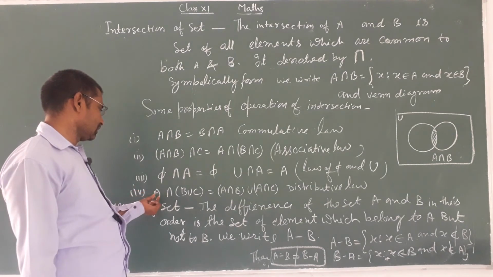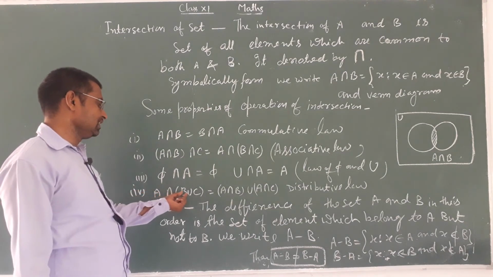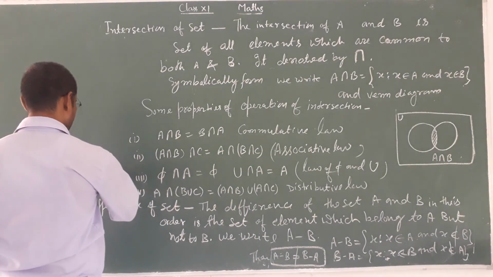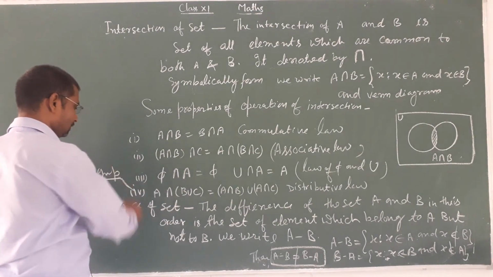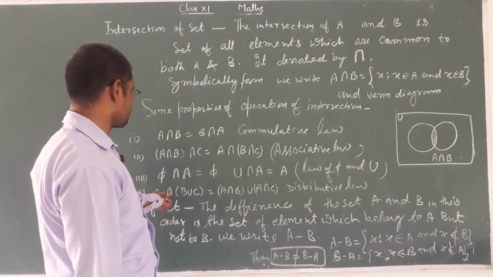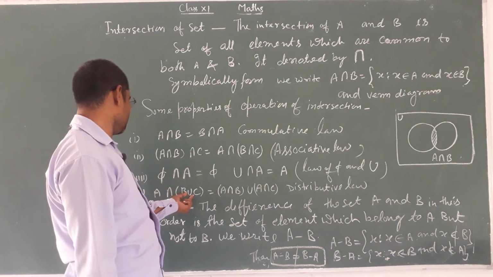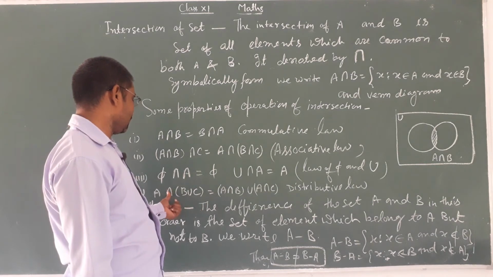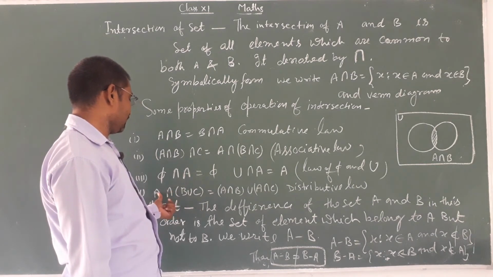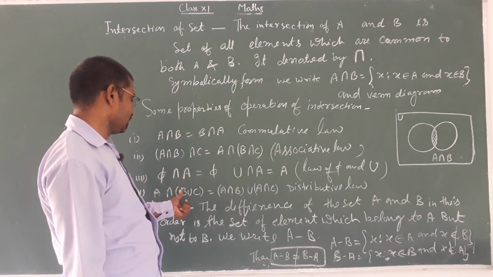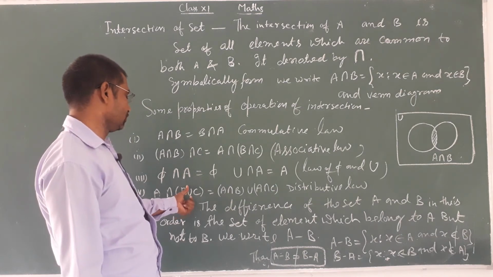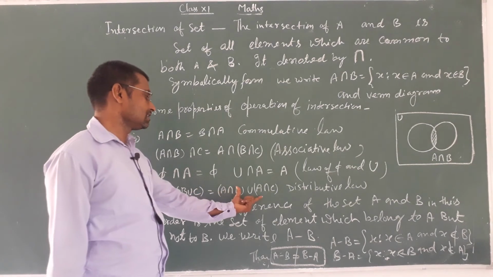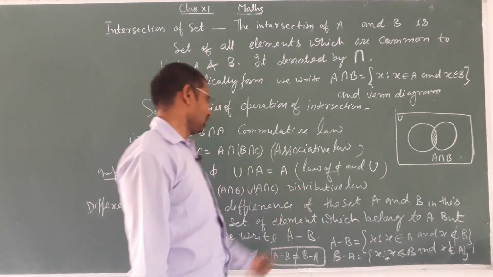A intersection (B union C), this is an important rule. A intersection (B union C) is equal to (A intersection B) union (A intersection C). This is called the distributive law.